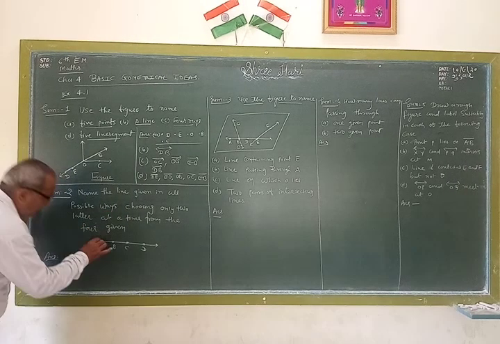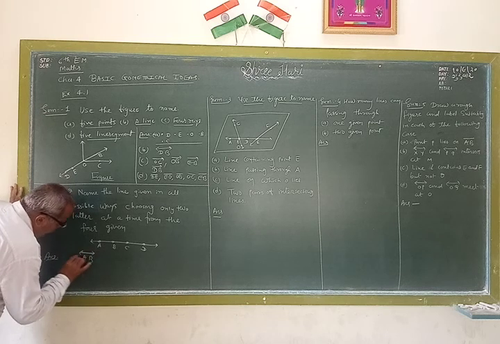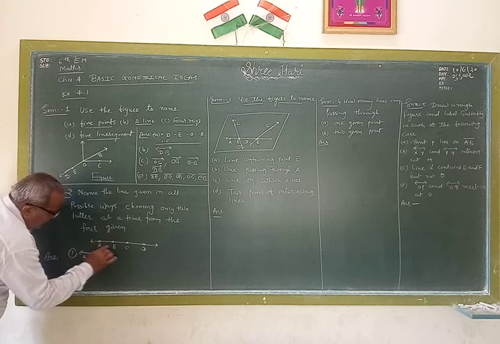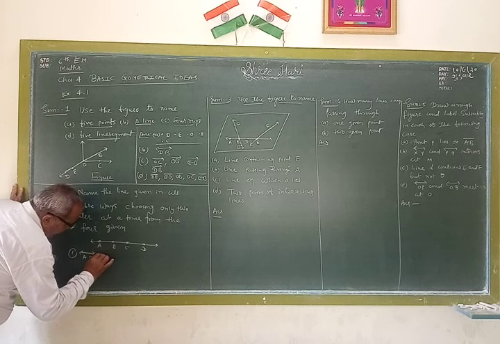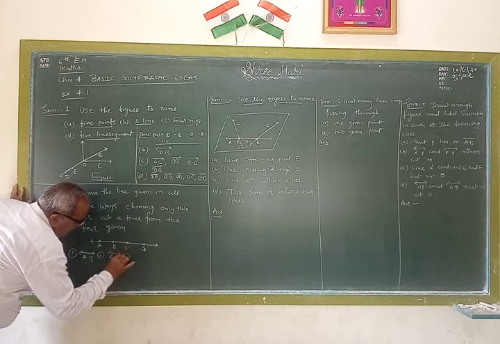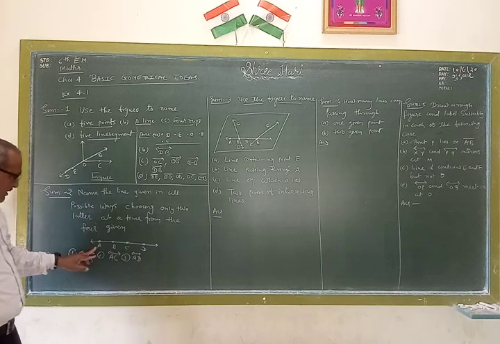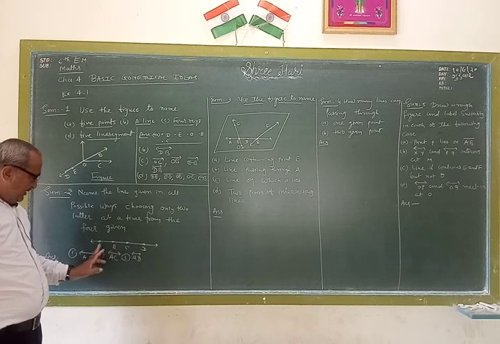Friends, start from A. Number 1, line AB. Then line AC, number 2. Line AD, 3.